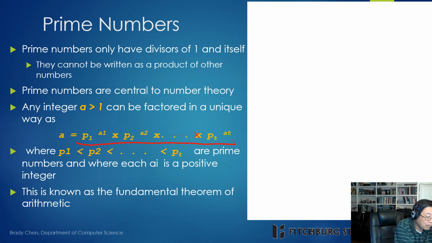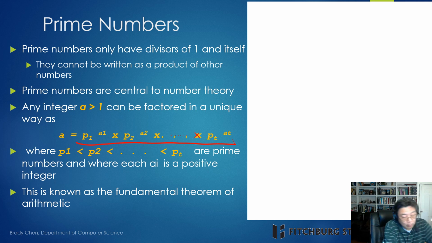Each number p1, p2, and pt is called a base, and each is a prime number. If p1 is not a prime number, you can factor it even further. Also, we can always organize the base numbers so that p1 is the smallest and pt is the largest. That's called the fundamental theorem of arithmetic.